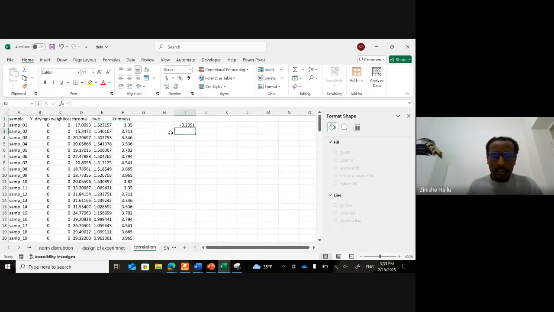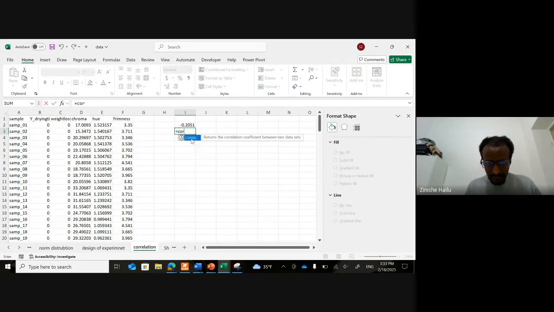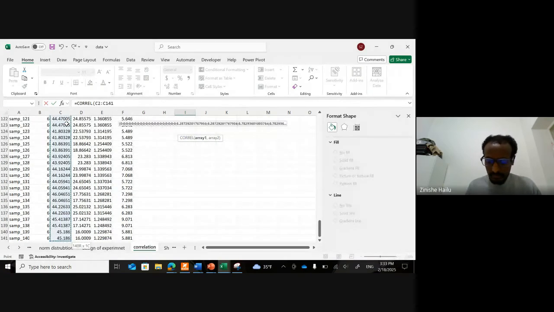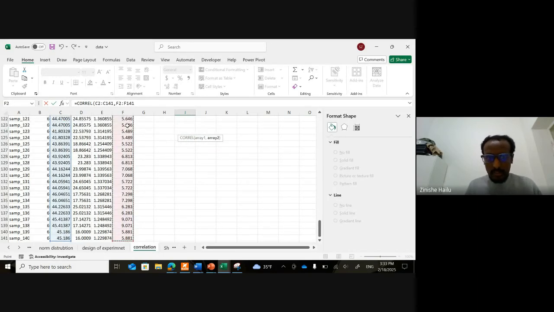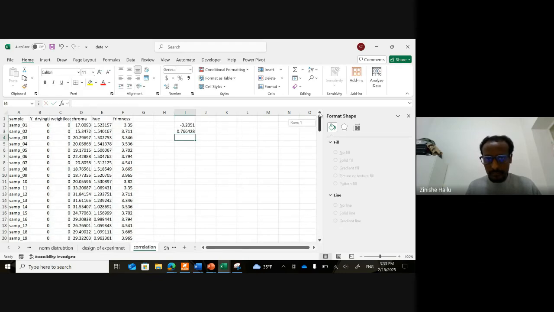However, if I make the correlation between, let's say, the weight loss and firmness, here they have a strong positive correlation.